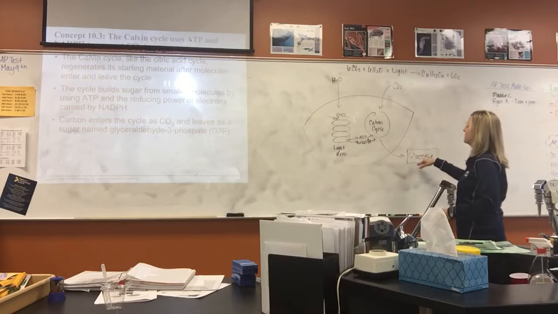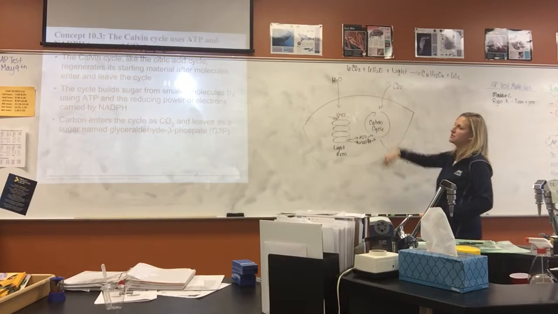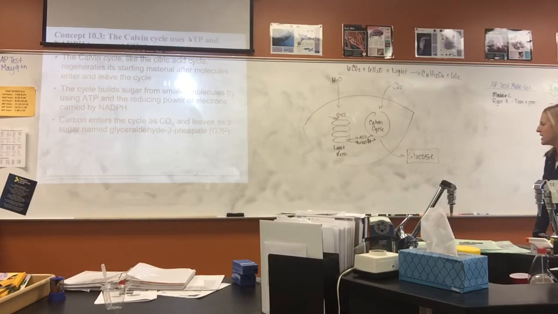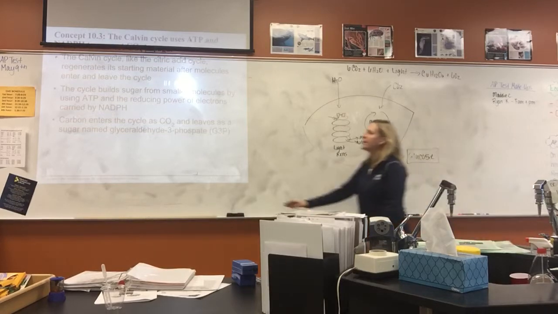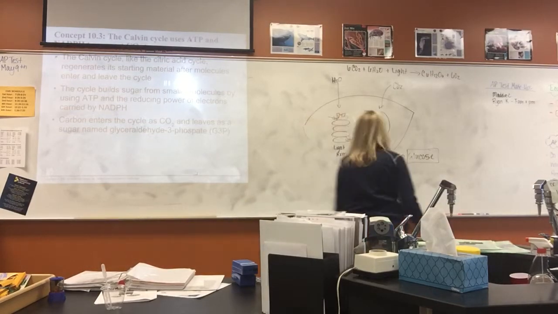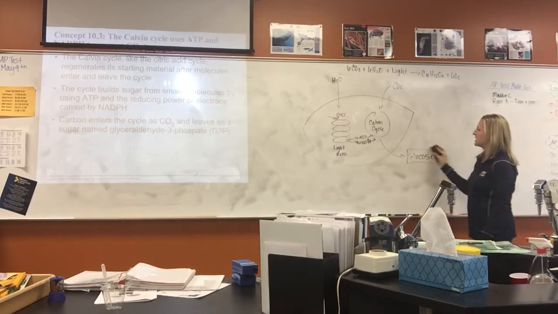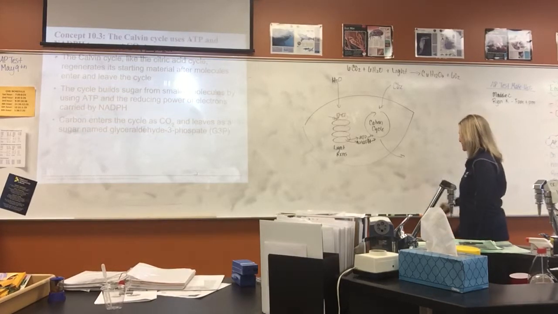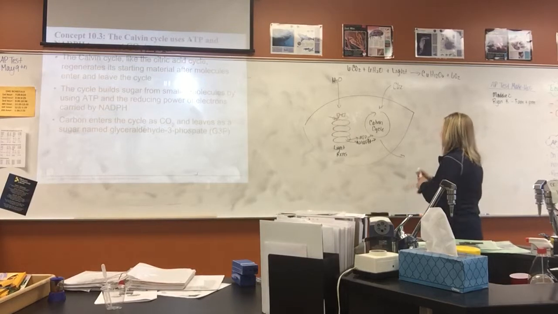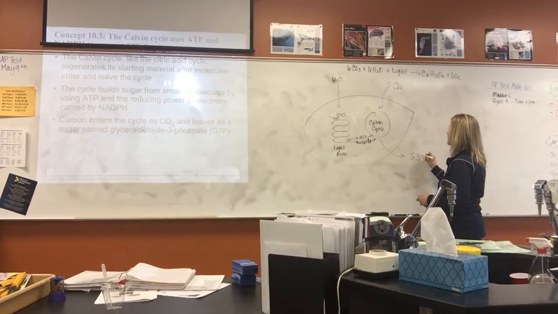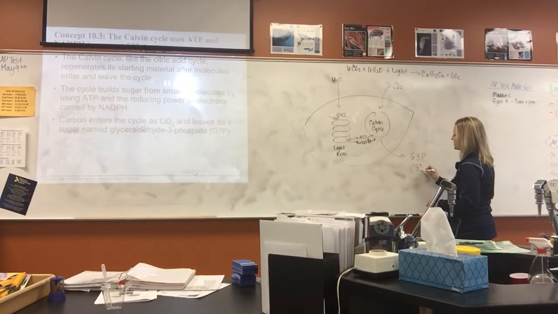The carbon that's going to be part of glucose enters as CO2. Then it leaves as a sugar named glyceraldehyde 3-phosphate, or G3P. Let me explain the relationship of that and glucose. G3P is a sugar that is 3 carbons long.